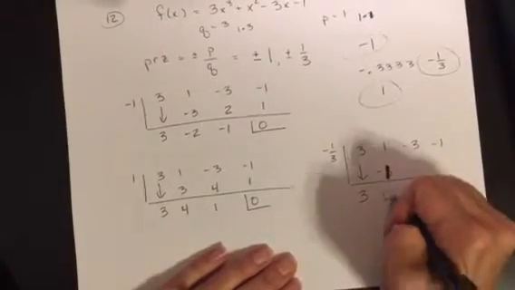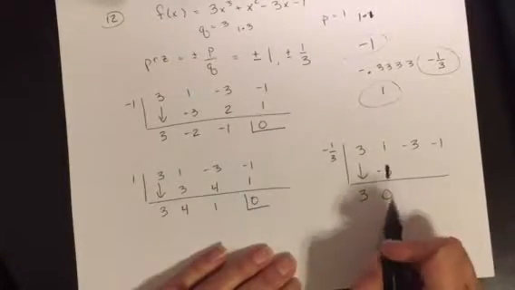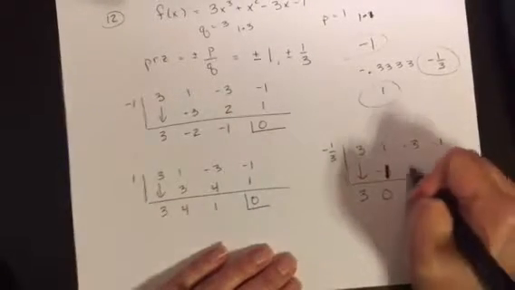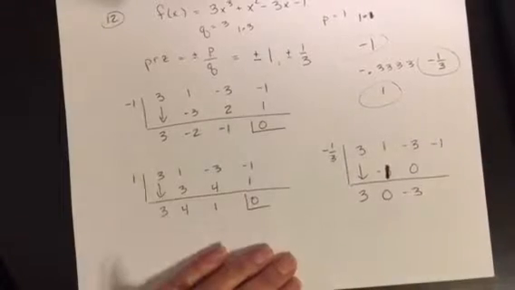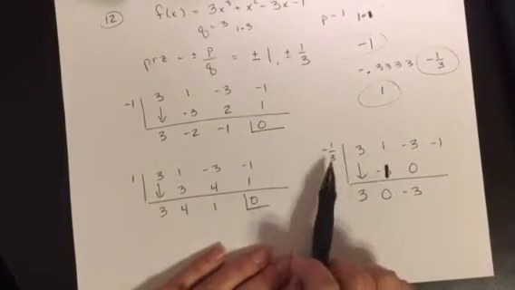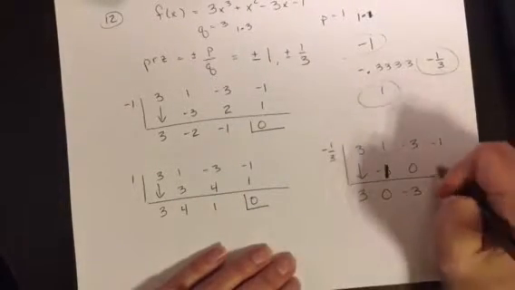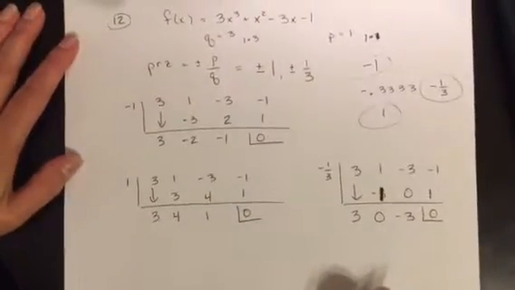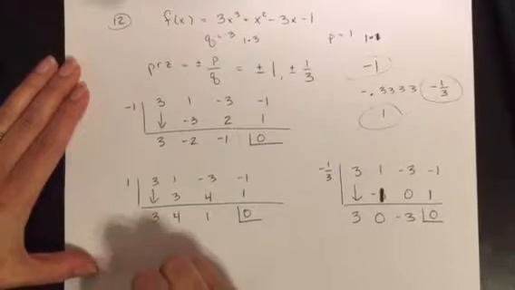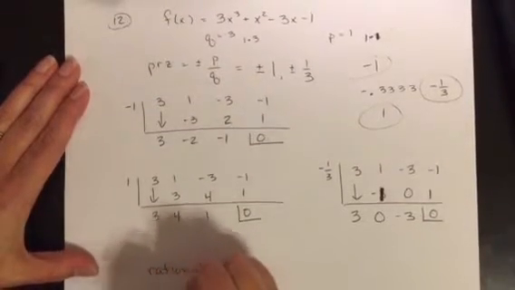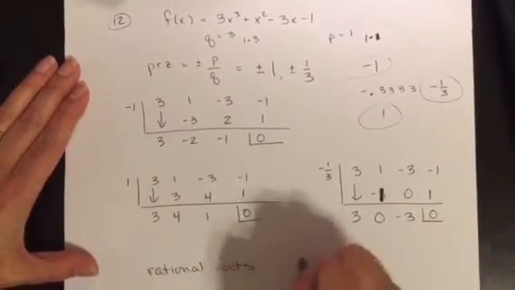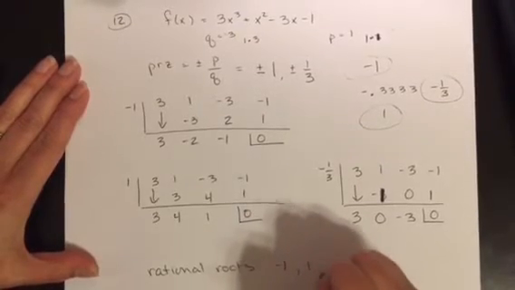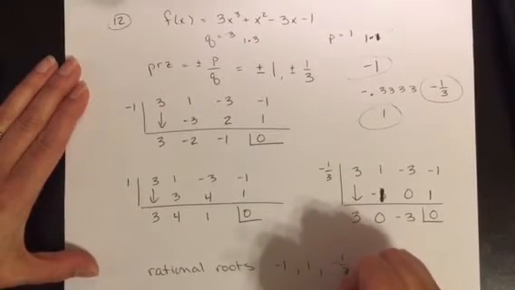So 1 minus 1 is 0. 0 times -1/3 is 0. So that gives me a -3. -1/3 times -3 gives me a +1. And so I have my remainder of 0. So my rational roots are going to be -1, 1, and -1/3.